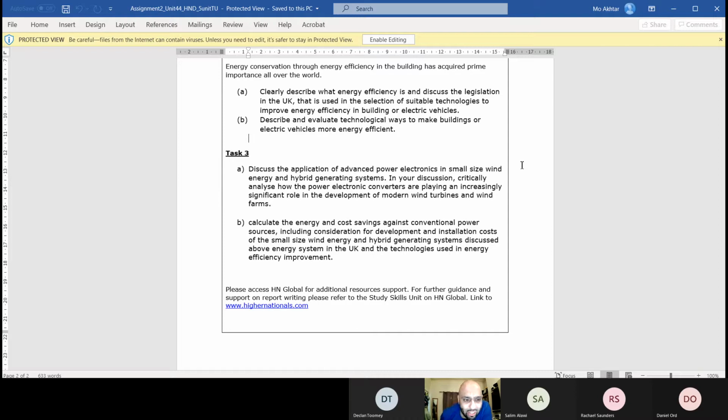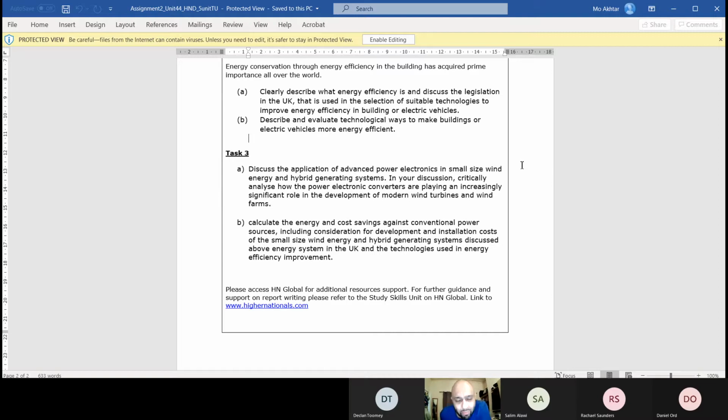Basically, this is looking at it from the electronics point of view: what type of power electronics is used. You don't have to describe, for example, how the circuits work in detail, just the circuit operations generally, because the detailed working is more for the next topic. This is just general.